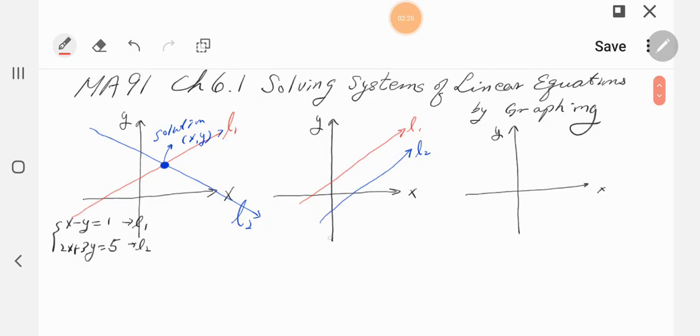So let me write it: no solution, because there's no intersection. The first one has a solution, which is the point of intersection, (x, y). And the second system of linear equations has no solution.